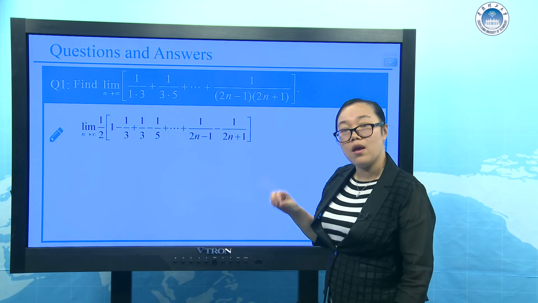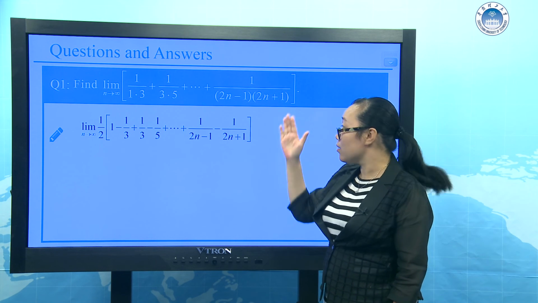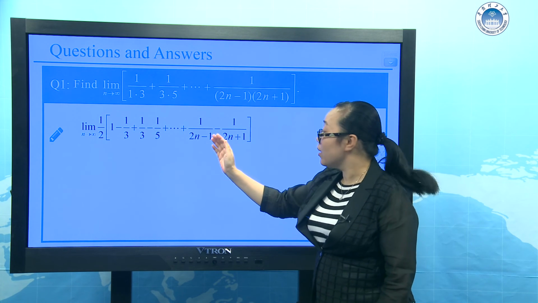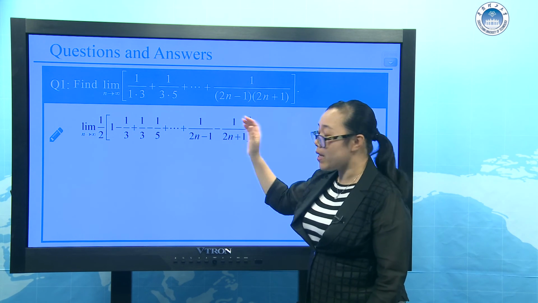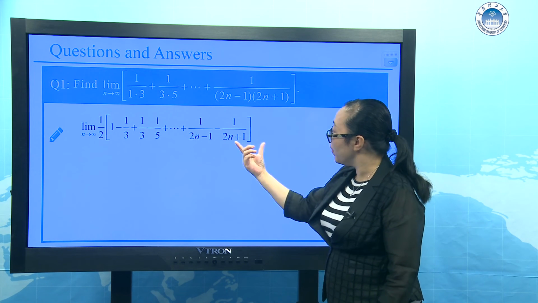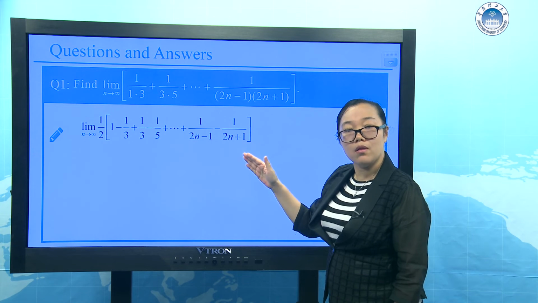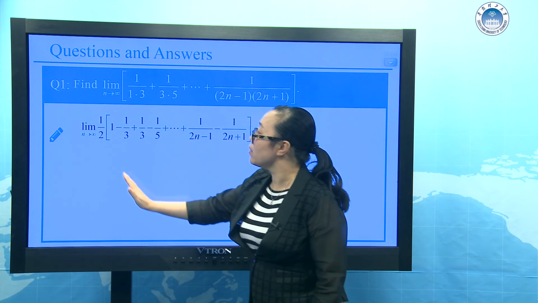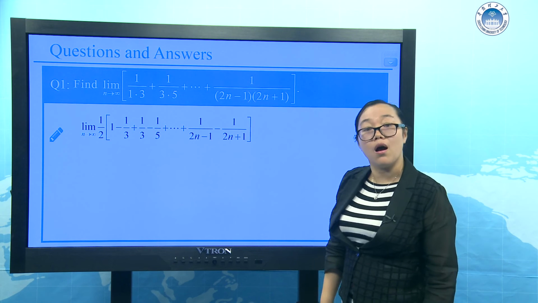In a similar way, the last term is half times 1 over the small number 2n minus 1, minus 1 over the big number 2n plus 1. Pay attention to the corresponding multiplier, half.